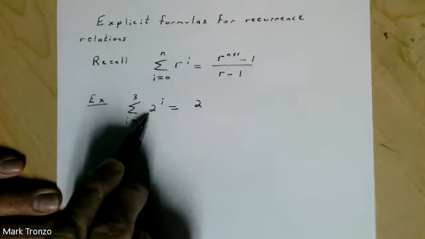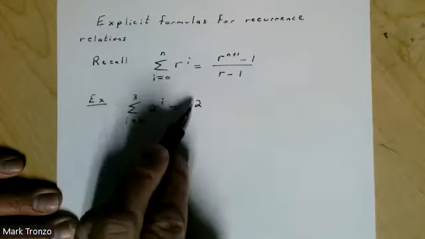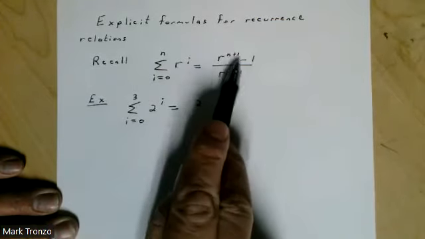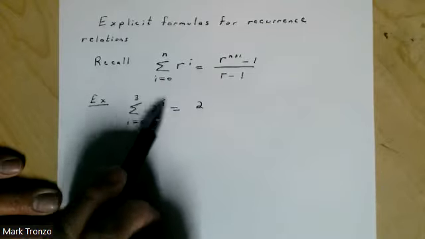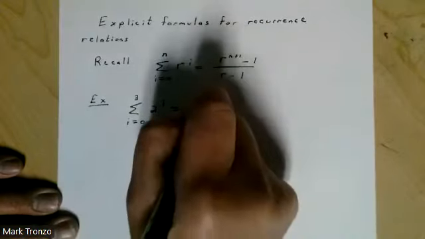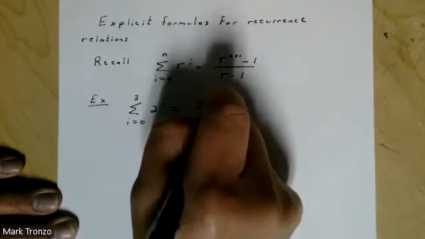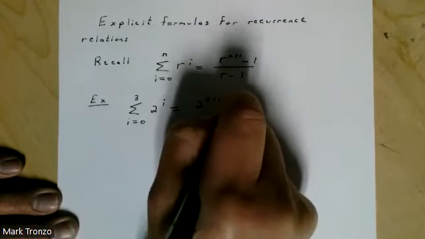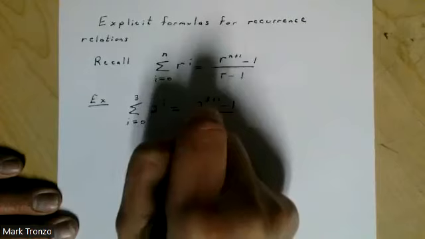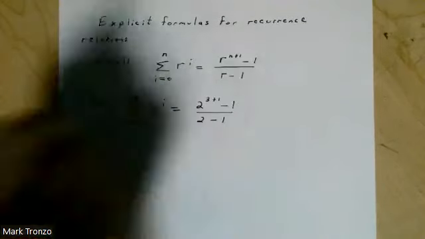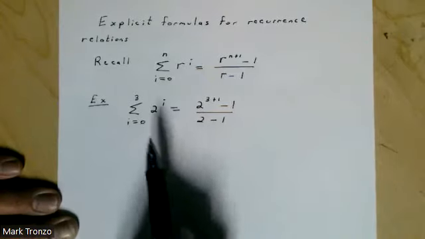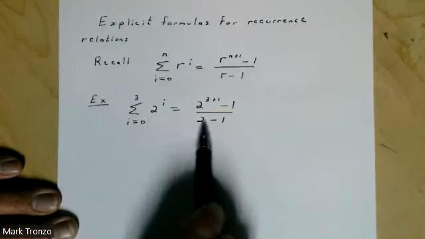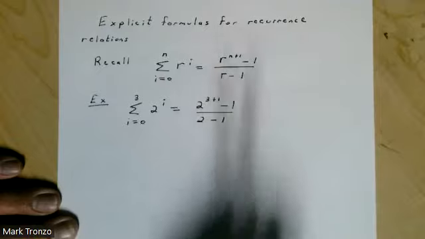Notice our r value here is 2. 2 to the n plus 1. Since n is 3, this is going to be 3 plus 1, minus 1, over 2 minus 1. That's going to be the sum of this in an explicit form.